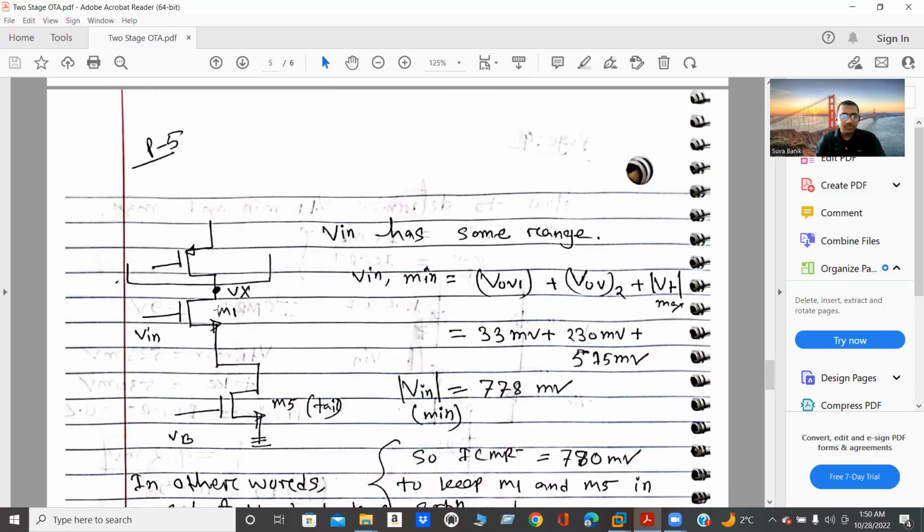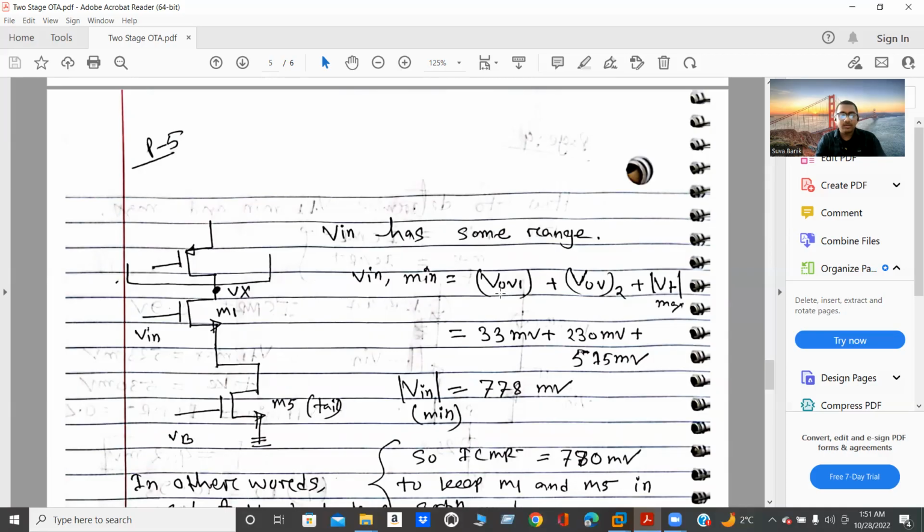If you assume this is my M1 and this is my M5, and there might be some other circuitry, then what is the Vin min? Which, as I'm telling you, is ICMR minus. To keep M1 and M5 in saturation, I have to provide the overdrive voltage of MOSFET M1 as well as the overdrive voltage of my M5 plus the maximum threshold voltage. From this simulation, you can easily find the VOV.